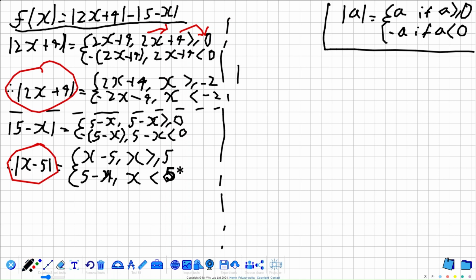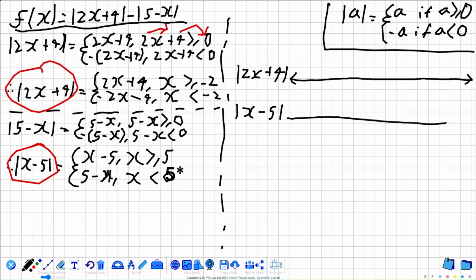So we've got 2x plus 4, and we've got x minus 5, and so now I'm just going to draw a line for the number line for both of them. Try and keep them going parallel with each other down here so we can compare the two in a second.